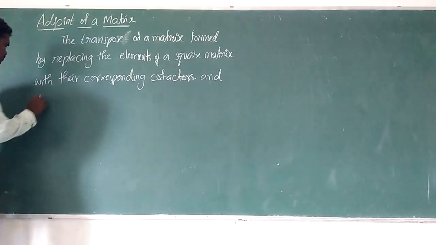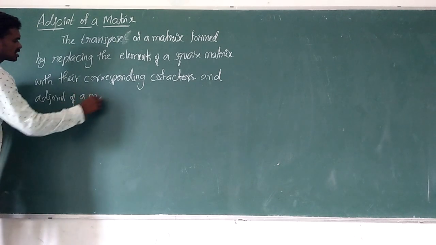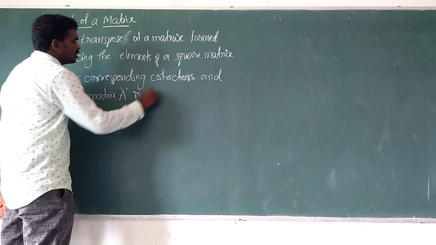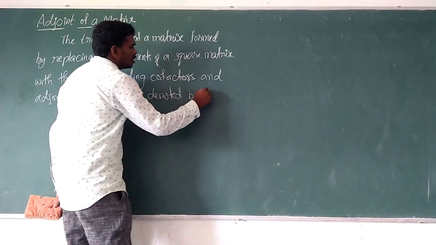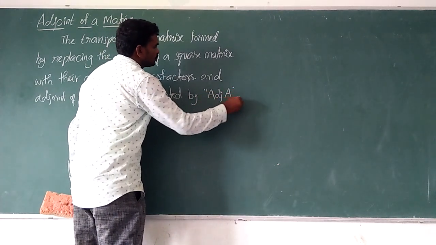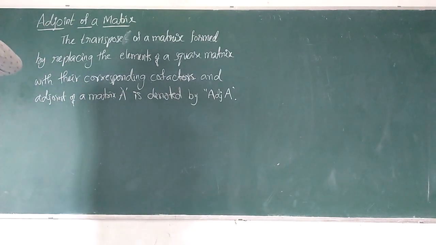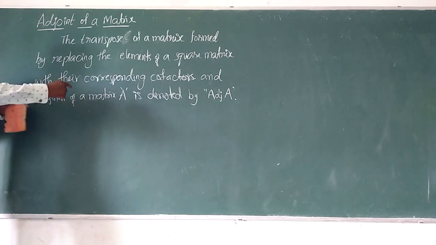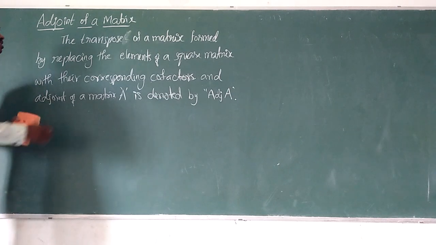And the adjoint of a matrix capital A is denoted simply by adjoint A. So the adjoint is denoted by adjoint A. I will give the examples in the questions.